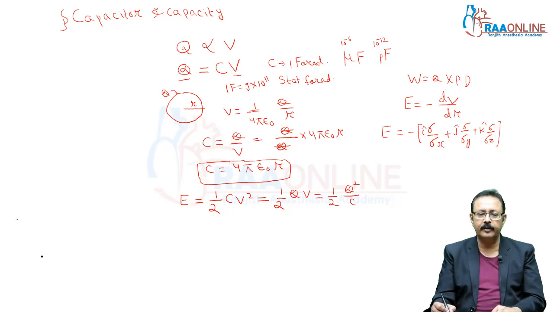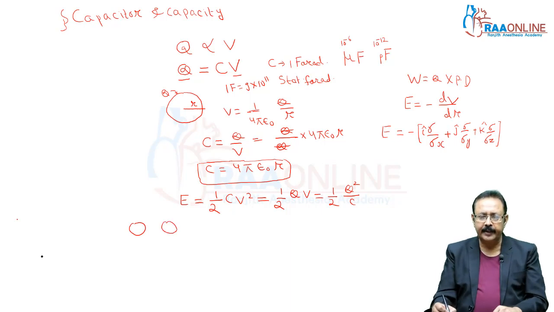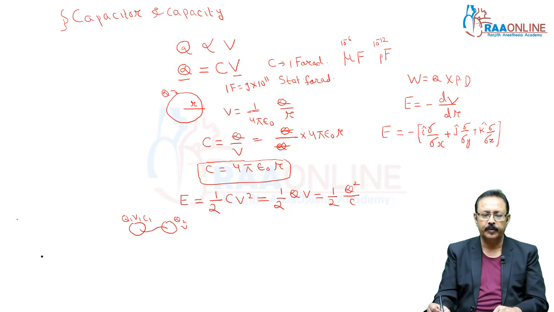If you have two charged conductors and you connect them by a wire, what will happen? Suppose this conductor has charge Q1, potential V1 and capacity C1, and this one has charge Q2, potential V2 and capacity C2.